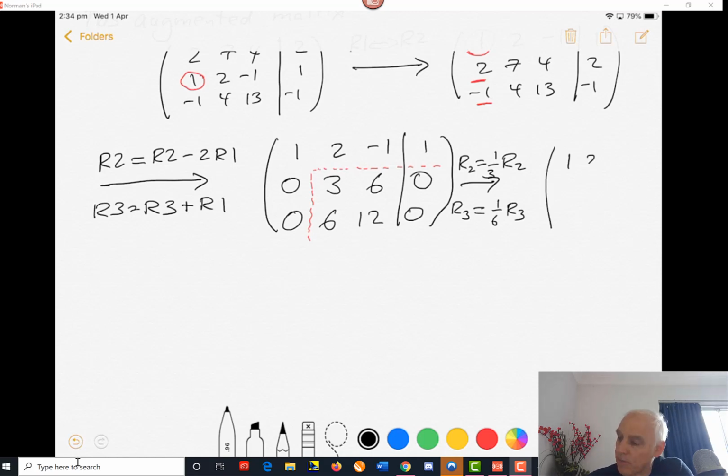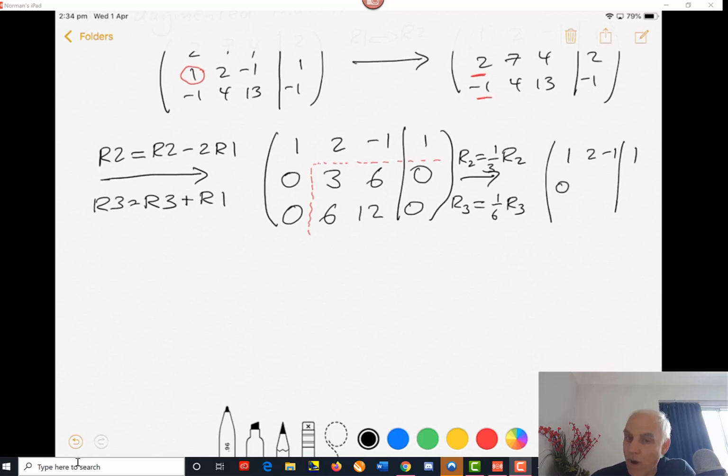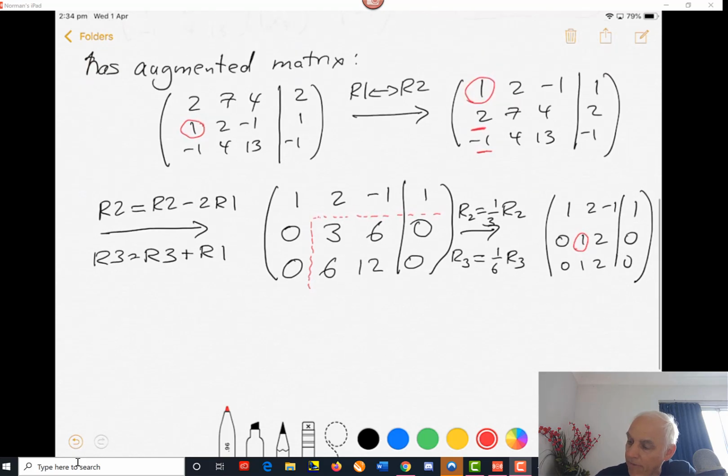I get 1, 2, minus 1, 1. That's not going to change. And then this is going to be 0, 1, 2, 0. And this one's also going to be 0, 1, 2, 0. So it's a lot simpler now. That's quite nice. And moreover, we have the happy situation that we have a 1 here in this place, just like we ended up having a 1 up in that previous line.